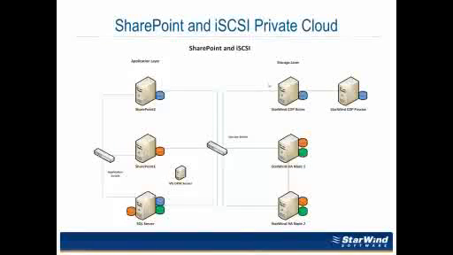Maybe I go with dual RAID controllers and dual power supplies to insulate myself from a potential disaster. But I do need to have a second copy of this data somewhere. So I want to maybe asynchronously replicate this data, maybe to an off-site location, to a second StarWind box.